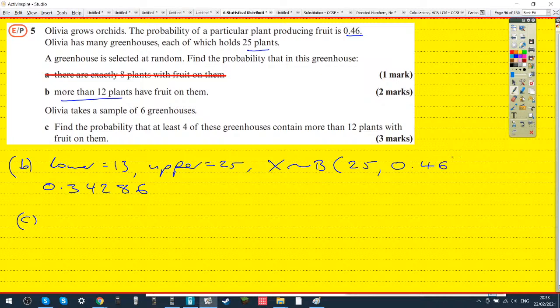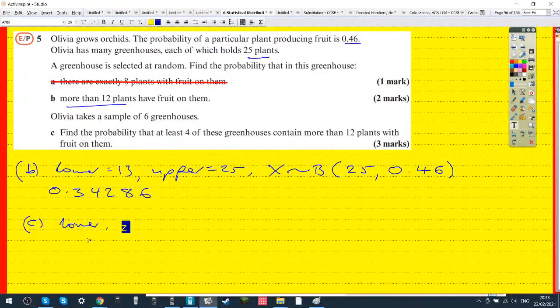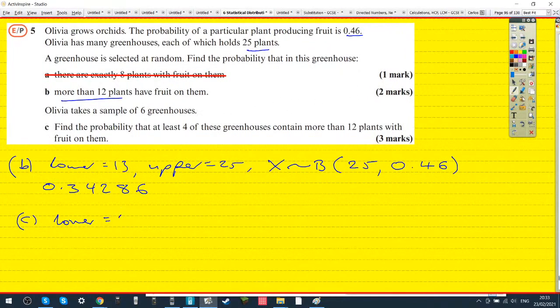So now would the lower be 4? Yeah. And the upper, do you... Wait, but it says she takes a sample of 6, so would the number of trials be 6? Well done.